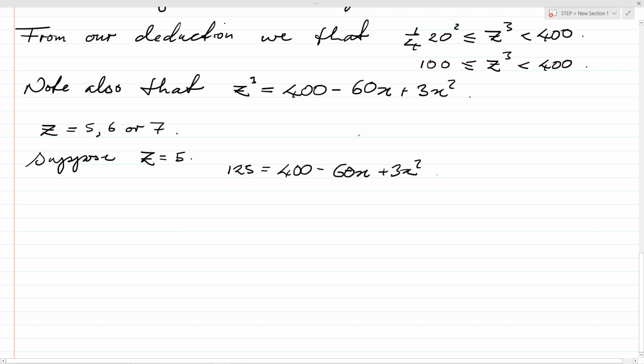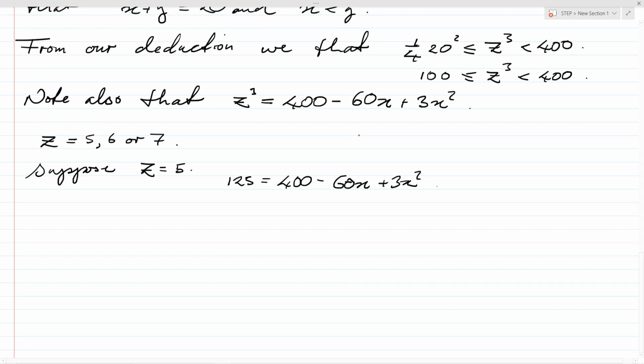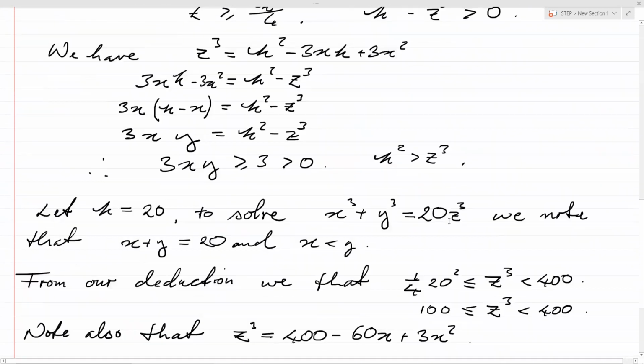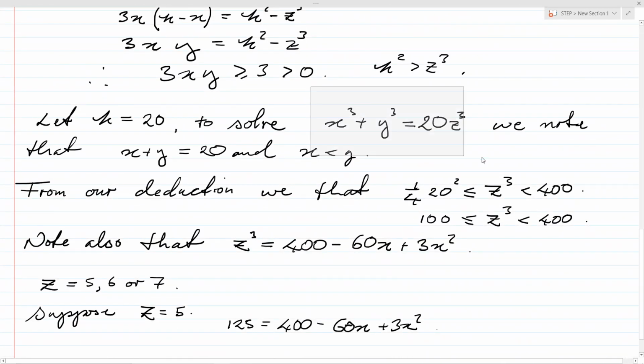Now, that means that if this is not going to have integer solutions, then it's impossible for the equation above to be satisfied: x cubed plus y cubed is equal to 20z cubed.